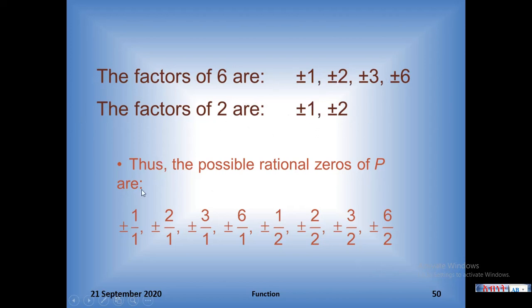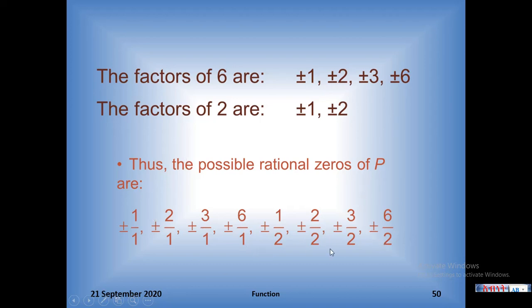So we'll get the factors of 6: 1, 2, 3, 6 over 1, and 1, 2, 3, 6 over 2, that is 1, 2, 3, 4, 5, 6, 7, 8.